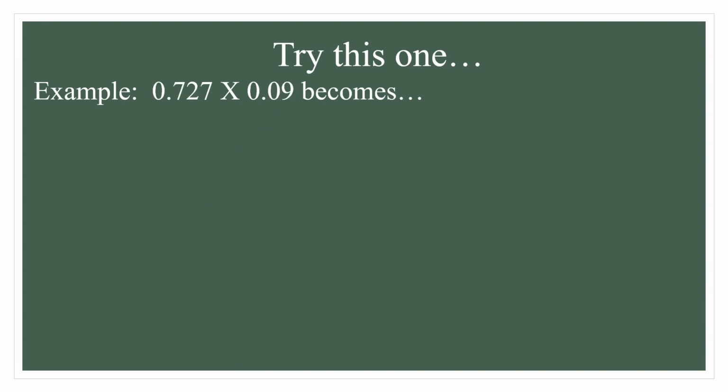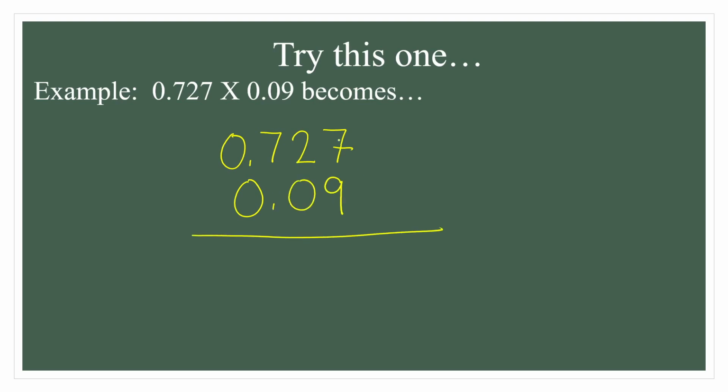Let's have another example. Kini. I have 0.727 multiplied by 0.09. Sige. 9 and 7 multiply how much? 63. 9 and 2 plus 6, 24. 9 times 7, 63, plus 2, 65.